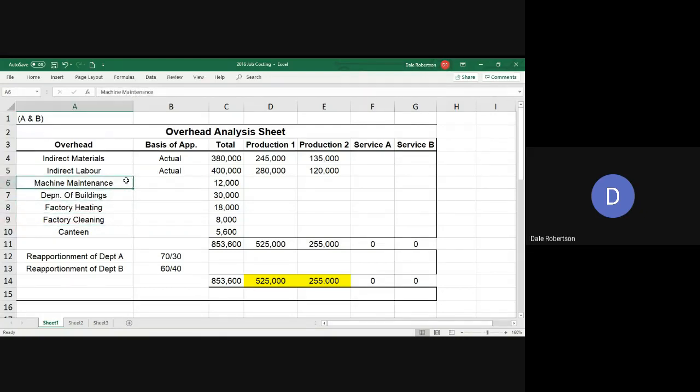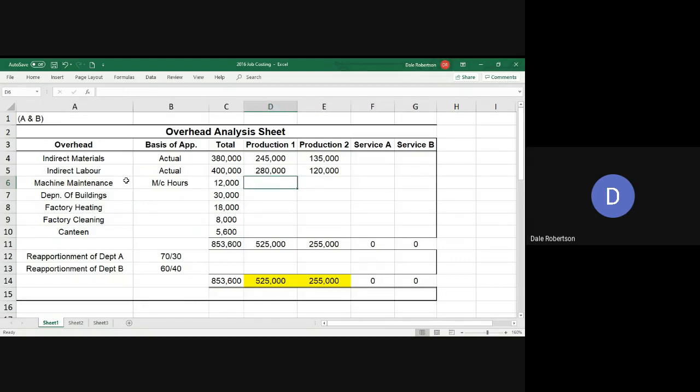So for machine maintenance, I think possibly the most suitable basis of apportionment there out of those 6 in the second box might be machine hours. So you write down machine hours in here, and then what we're going to do now is take this 12,000 and split it between the 4 departments on the basis of machine hours.